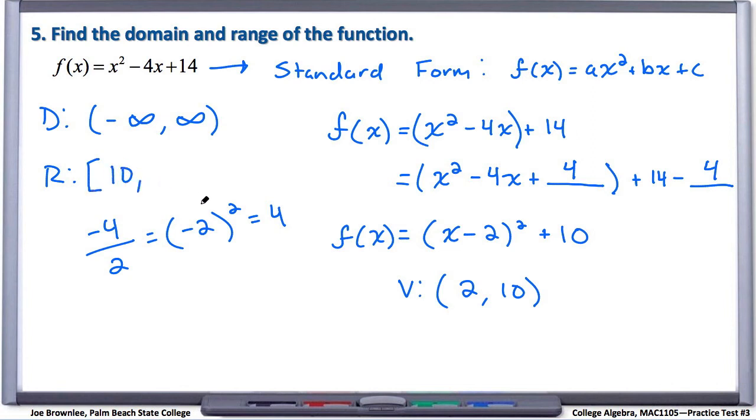From there, since the graph opens up, the y values only get bigger. They start at 10, and we use a bracket because we're including the number 10, and from there they get bigger, tending towards infinity. So there's our range, 10 to infinity.